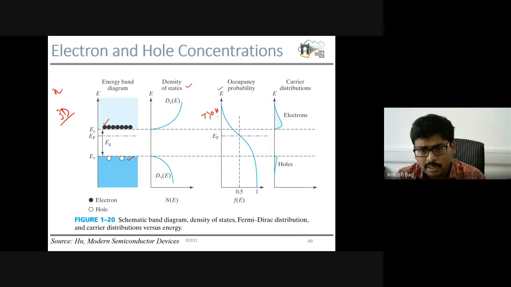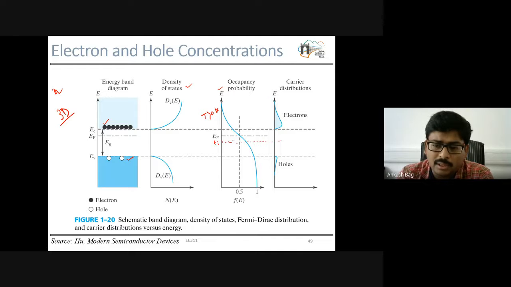And since this is an n-type semiconductor, once again, if we try to recall from our previous discussion, there is a concept called the intrinsic Fermi level, or E_i. The energy difference between E_i and E_F will decide how many electrons you have in a particular n-type semiconductor.